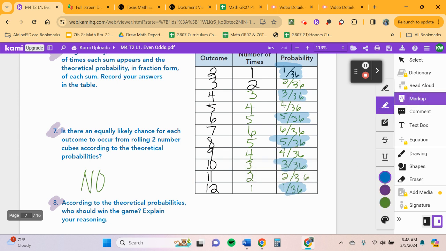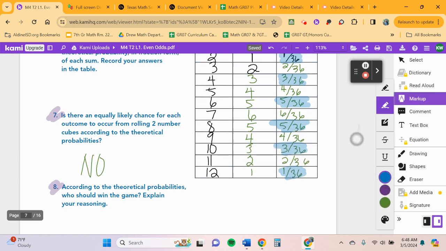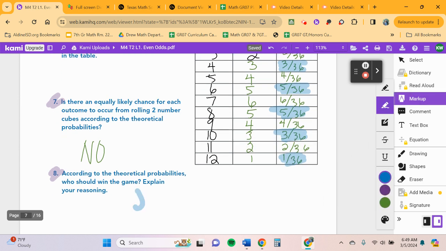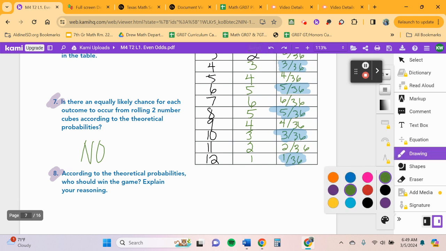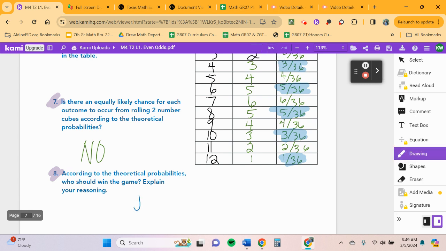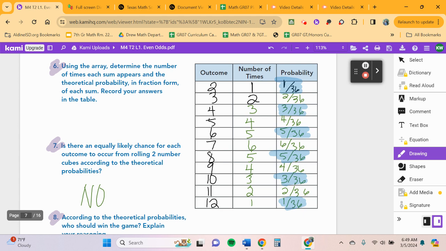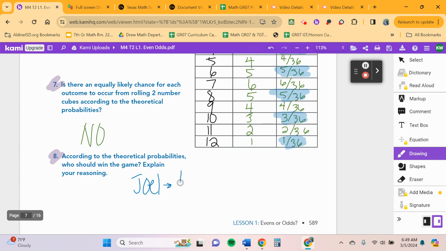So according to the theoretical, Joel should have a 1, 2, 3, 4, 9, 14, 15, 16, 17, 18 out of 36 chance.